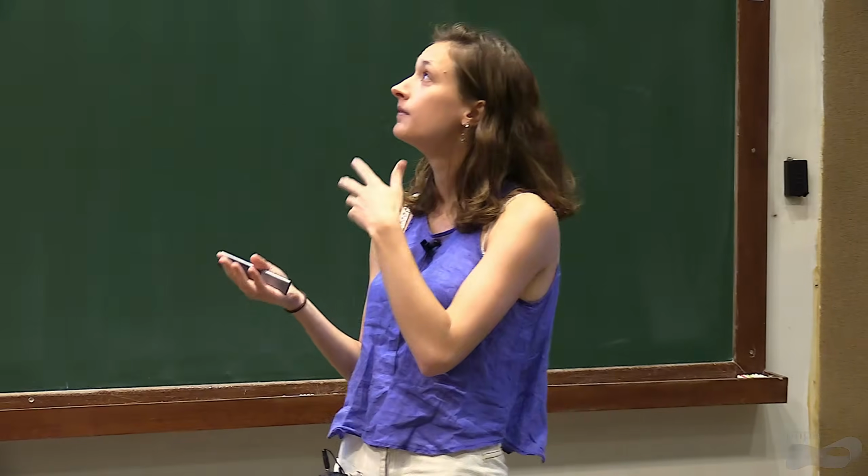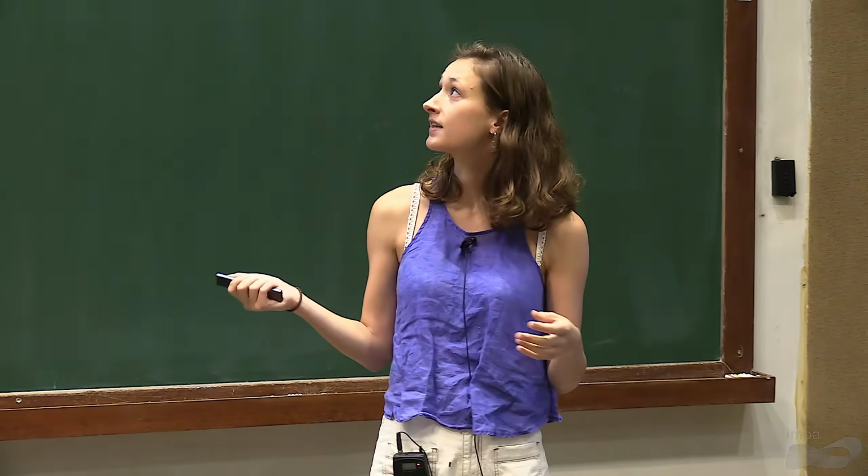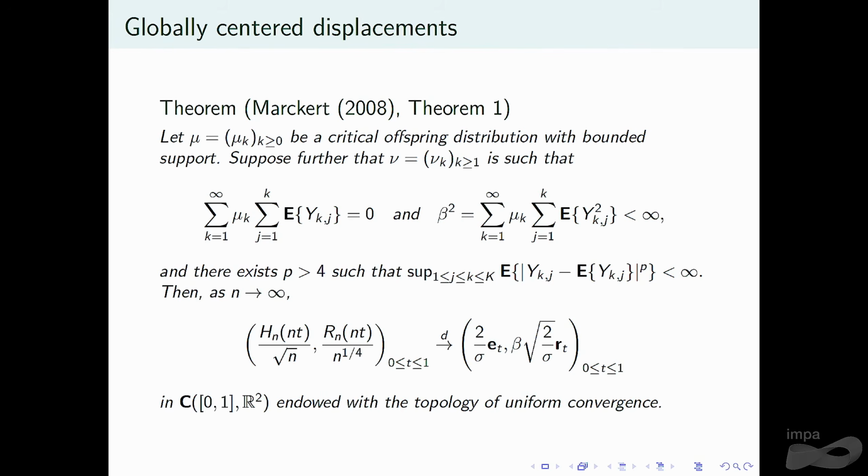And so in order to capture the convergence of all of these lineages, this is where this bounded support condition comes into play. So it gives us a really nice, very rich object in the limit, but the methods didn't extend to offspring distributions without bounded support.